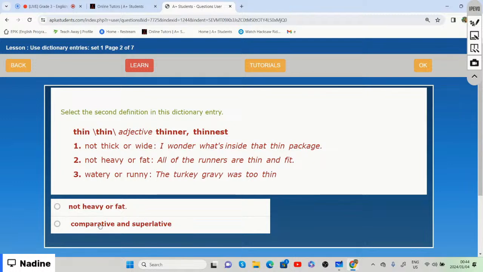The first one or the second one? And the second meaning of the word thin, right, means that you are not heavy or you are not fat.